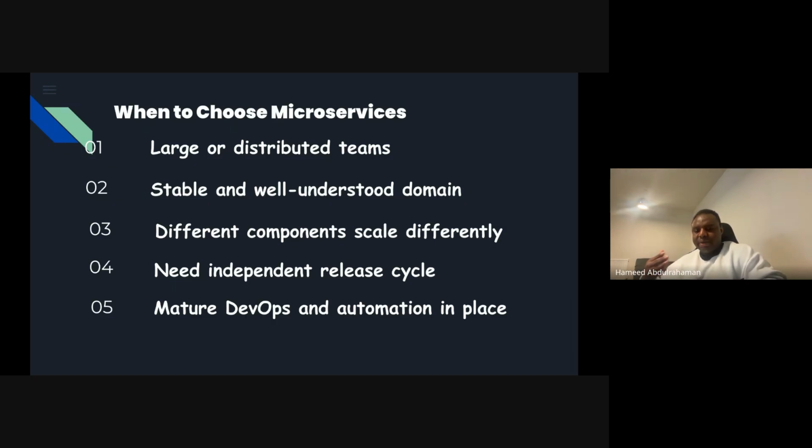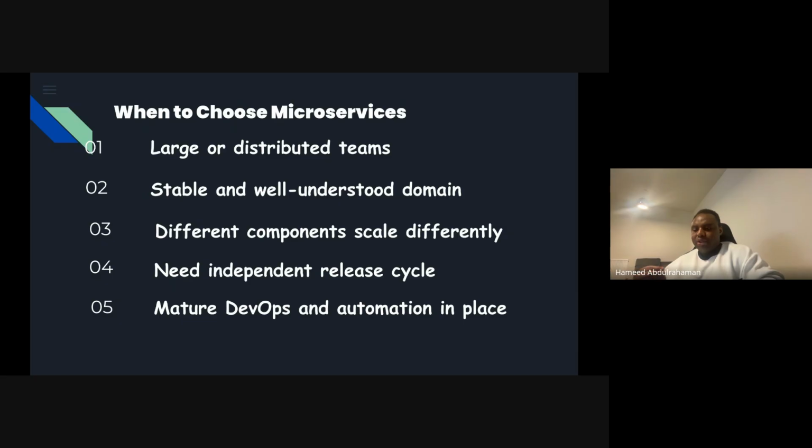You're thinking about the fact that the team is distributed too. So different teams with different domain knowledge, and this would help you to have a very synced distributed organization with a very good product if it's well managed. And also you think about a stable and well understood domain, which I mentioned earlier.